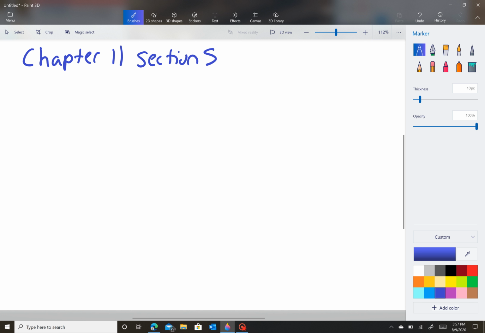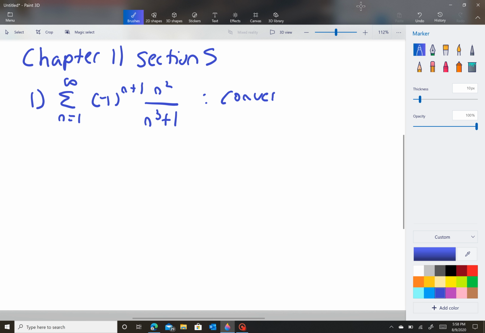The first problem is going to give us a series, n equals 1 to infinity, and it's going to ask us whether this converges or diverges. So it's basically asking us whether it converges or diverges.